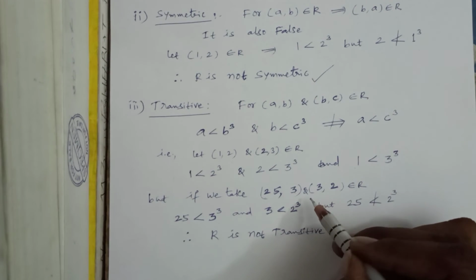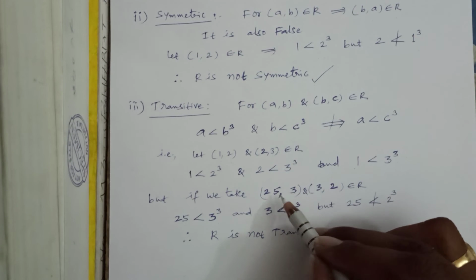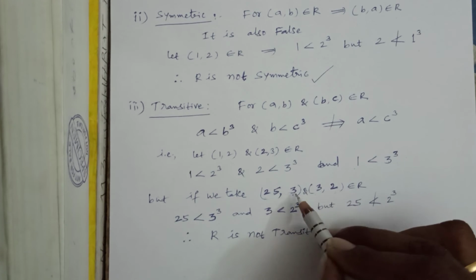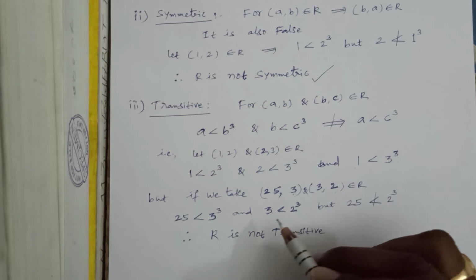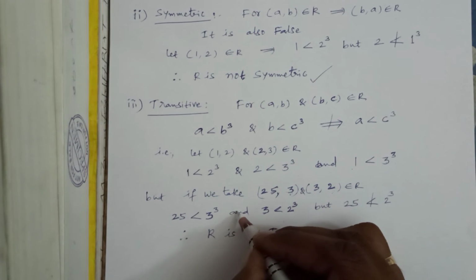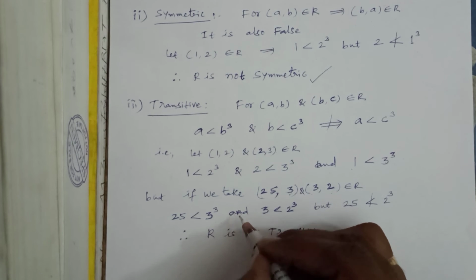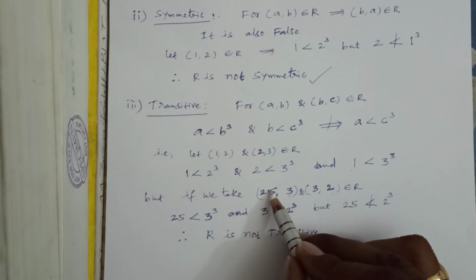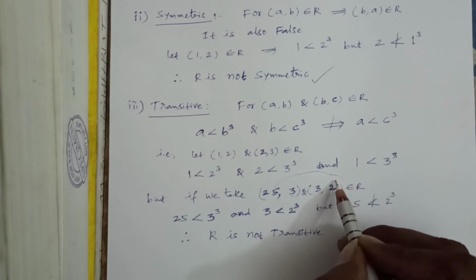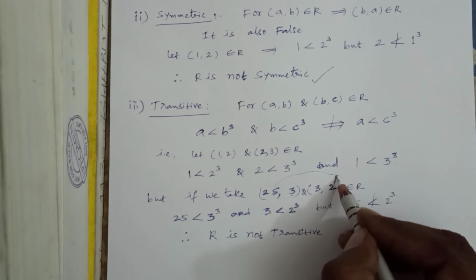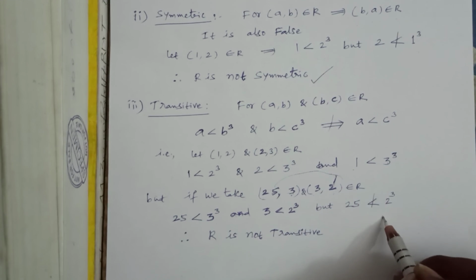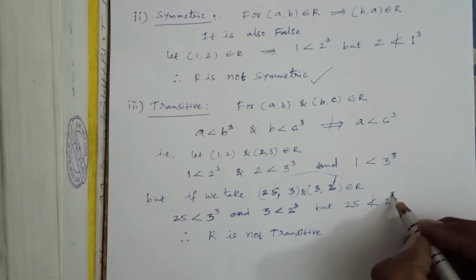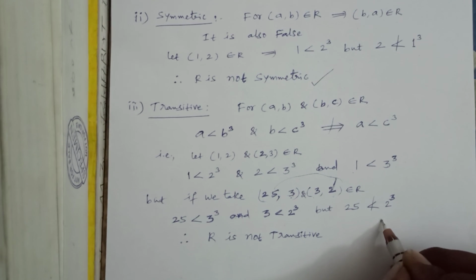So whenever a less than b cube and b less than c cube, we can take those two ordered pairs. Whenever the first two are satisfied, we check whether the third also is satisfied or not. First to last: 25 less than 2 cube, no, 25 is not less than 8. So one reason is enough to say no.